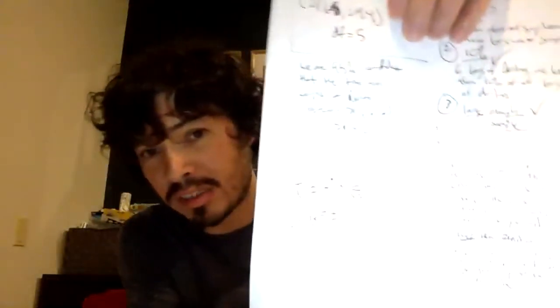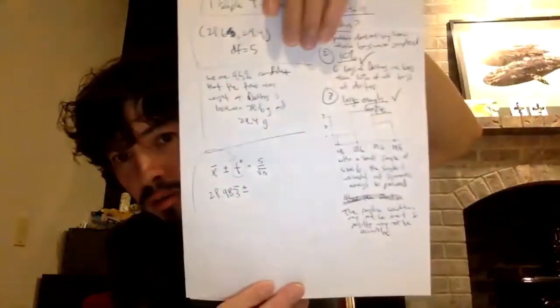Plus or minus the t-score, not the z-score, the t-score. Now remember, how do you get that critical value? How many standard deviations we're reaching out? And we want to be 95% confident. So that's 2.5% in each tail. So instead of doing inverse normal 0.025, we're going to do inverse t 0.025.